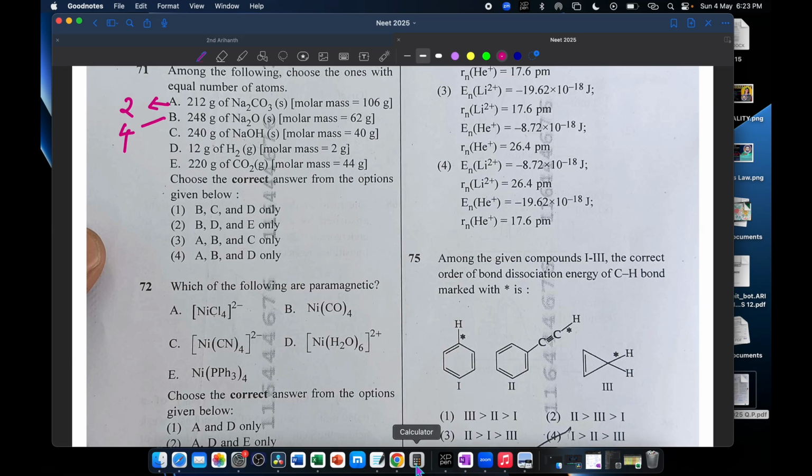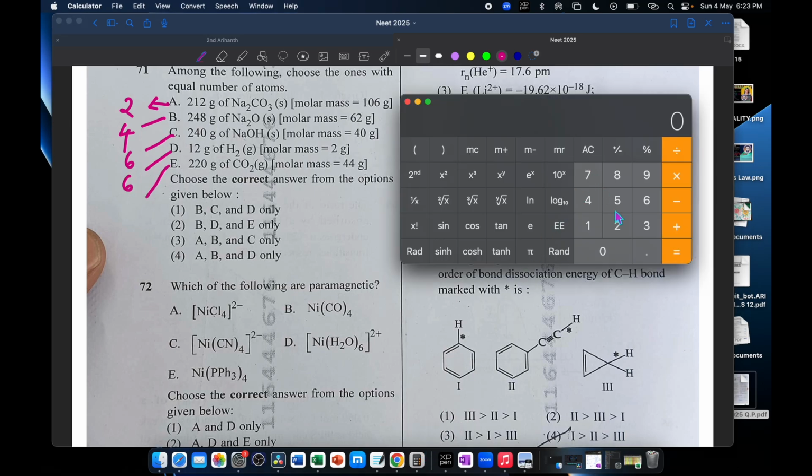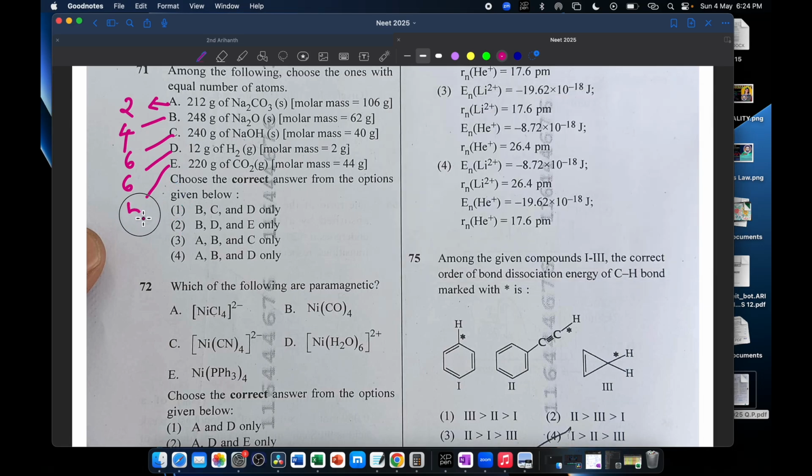And 240 by 40 is 6 moles. Carbon dioxide, 220 by 44 is 5 moles. But the question asks for the number of atoms.